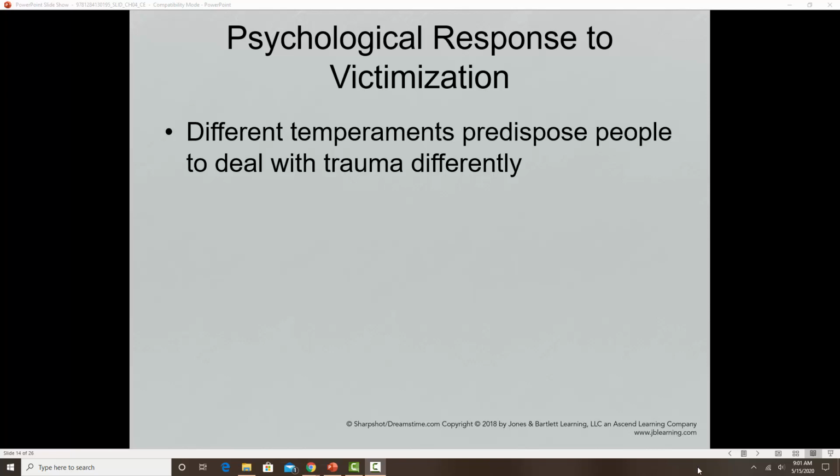So you can't assume that all victims of sexual assault are going to go through the exact same psychological responses. You can't assume that all victims of aggravated assault are going to be affected the exact same way. So anybody that's going to be working with victims must understand that everybody's going to react very differently.